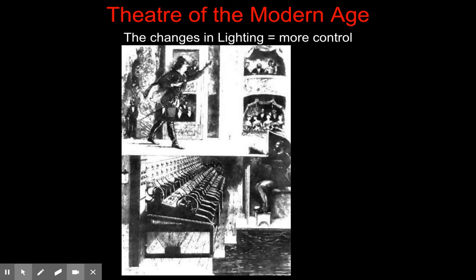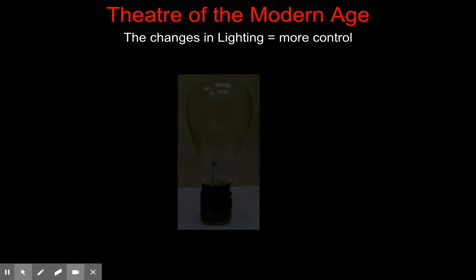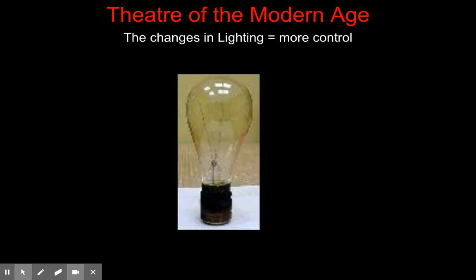However, with some of these changes came more control of the lighting. For example, when the incandescent light bulb was first developed, it allowed dimming and raising of the lights, and light bulbs tended to be less flammable than limelight or anything used before.